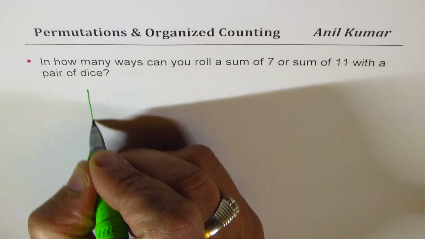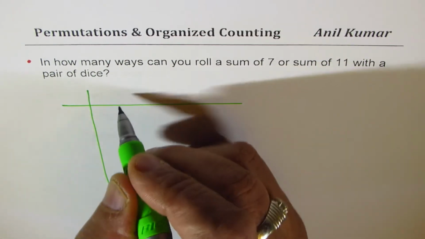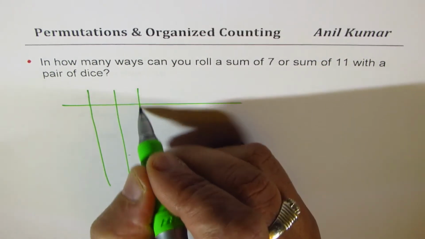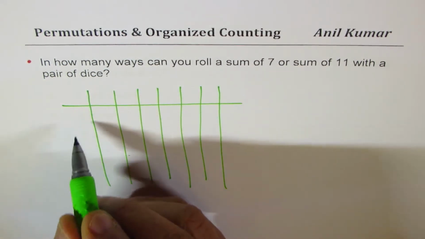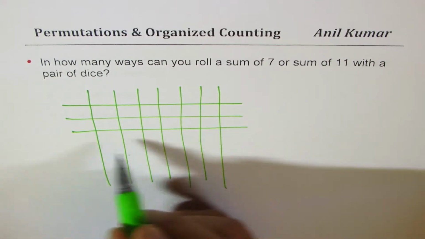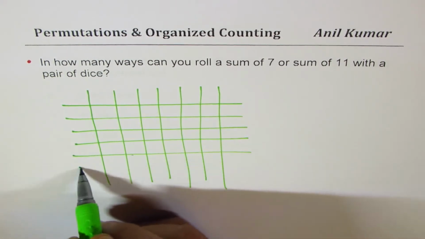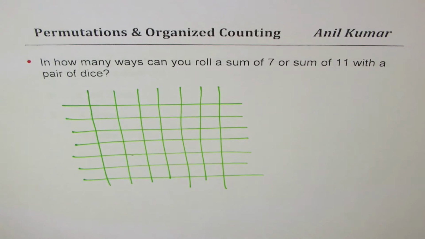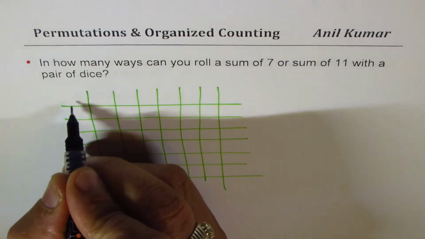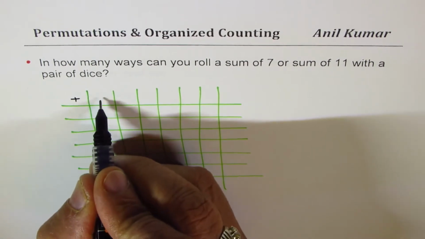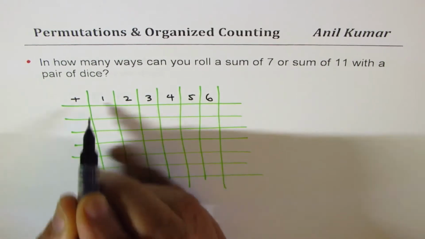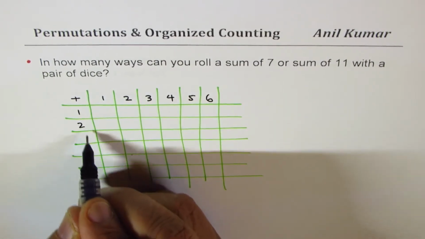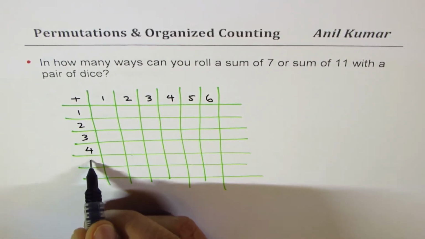So what we can do is we can just draw a matrix 1, 2, 3, 4, 5, 6, 1, 2, 3, 4, 5, 6, correct? We are adding and throwing 2 dice. That means the operation here is add, and you could get numbers 1, 2, 3, 4, 5, 6 with 1 dice, and also these numbers with the other one, correct?